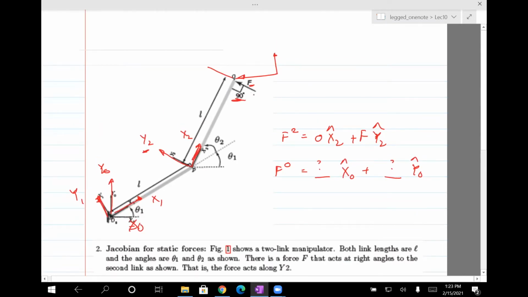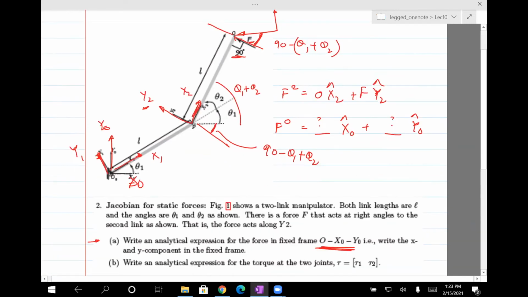So if you do that, you just need to find the angle made by F with the horizontal. The angle between this link and the horizontal is θ1 plus θ2. If that's the case, then the angle made by F with the horizontal is going to be 90 minus (θ1 plus θ2).